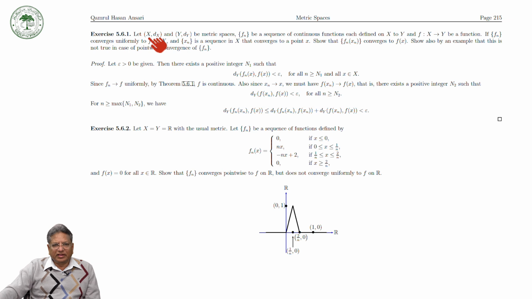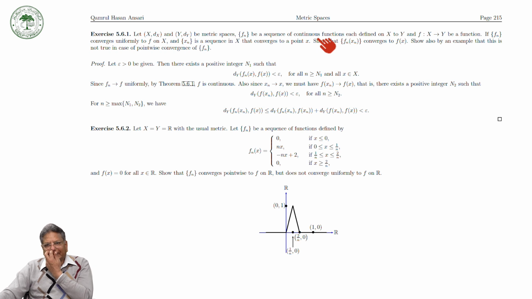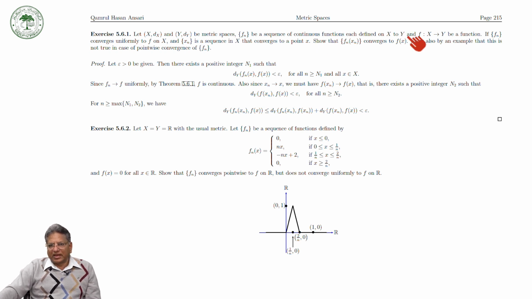We say that if X and Y are metric spaces, Fn is a sequence of continuous functions defined on a metric space X to a metric space Y, and f is a function from X to Y. If Fn converges uniformly to f and xn is a sequence in X that converges to x, then show that Fn(xn) converges to f(x).